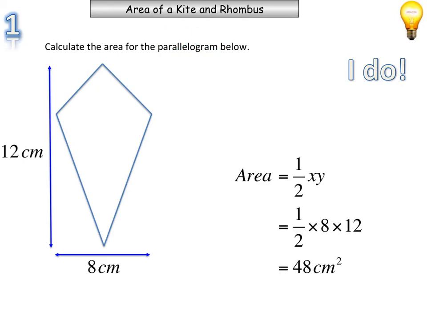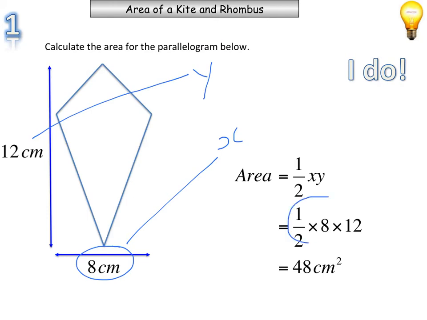So this particular value is x, and this particular value is y. So the area of the kite is a half xy, which is a half times 8 times 12. And again, you can use your calculator, you can use your brain. A half times 8 is 4. 4 lots of 12 is 48. So inside that shape, we got 48 square centimeters.